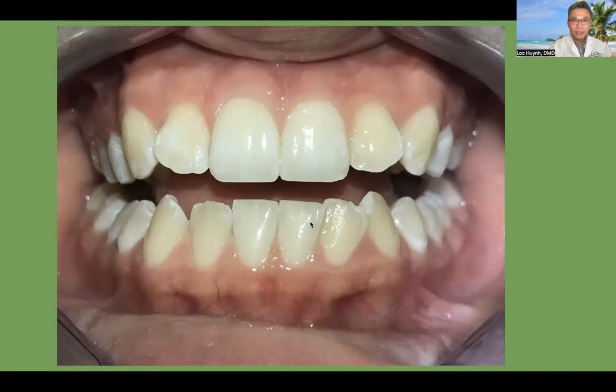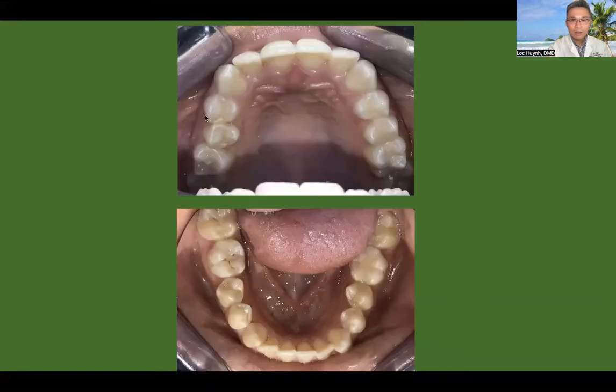you need to take some time, evaluate the bite, evaluate the enamel. If you see enamel wear and tear, there is a problem with the teeth. Look at the occlusal view, guys. You can see that the shape of the arch is not really a U shape.